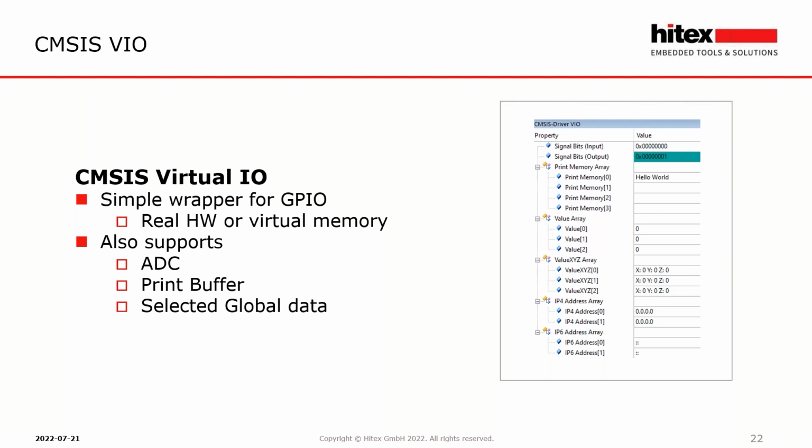We can read and write within our test cases and simulate button presses or switching on of LEDs or reading ADC or DAC data. So again, adopting this makes reusing test cases very much easier.